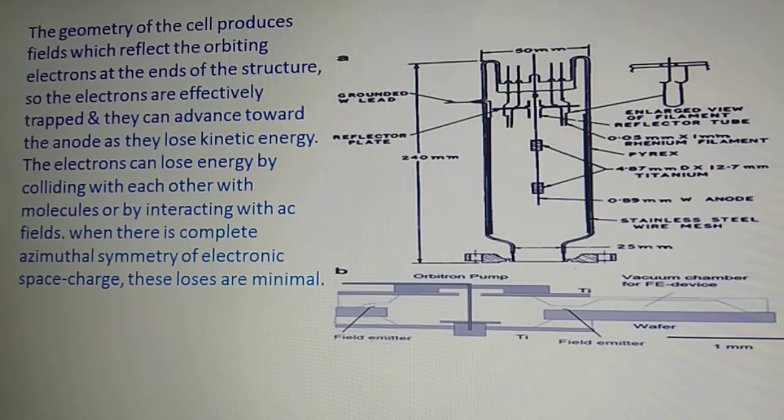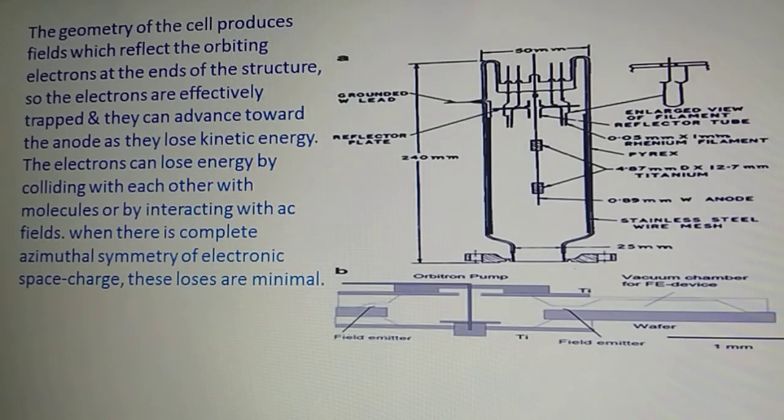The geometry of the cell produces fields which reflect the orbiting electrons at the end of the structure. So the electrons are effectively trapped and they can advance towards the anode, the positive electrode, as they lose kinetic energy, and the electrons can lose energy by colliding with each other, with molecules, or by interacting with the alternating field, right?